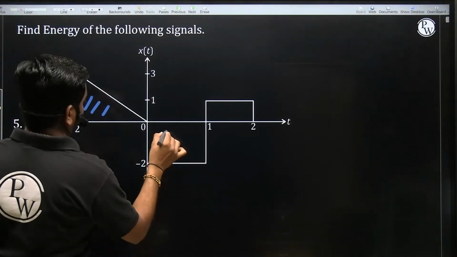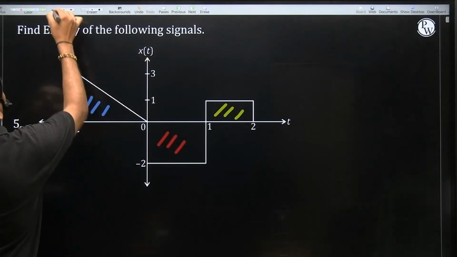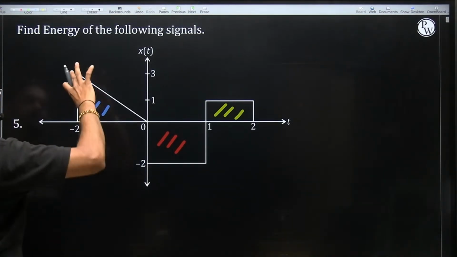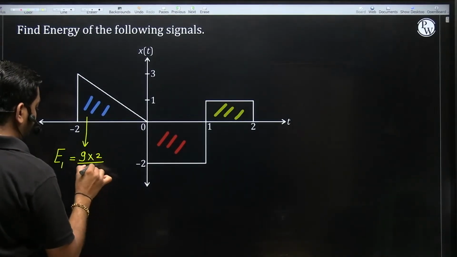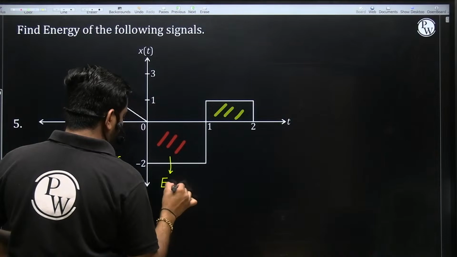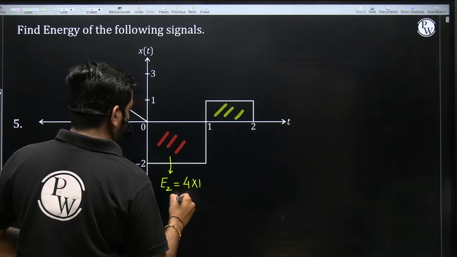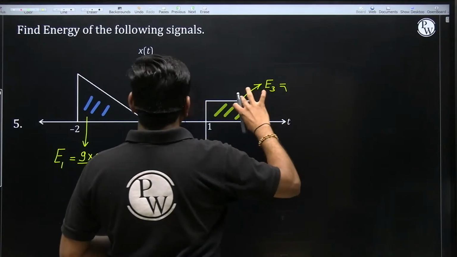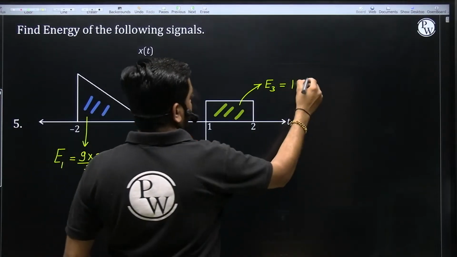This triangle, this rectangle, this rectangle. So the energy of this triangle is A squared into width divided by 3, that is 9 into 2 divided by 3, so it is 6. Energy of the rectangle function: A squared, that is 4, into width, that is 1, so 4. Here the energy of this signal: A squared is 1, width also 1, so 1.